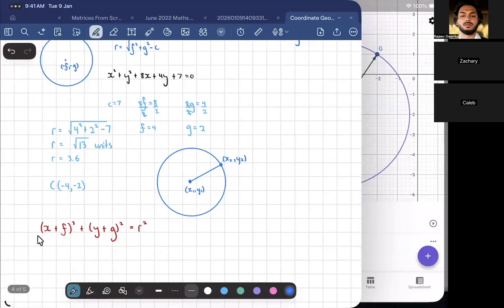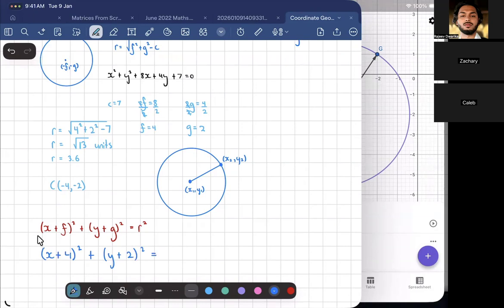Okay, so Caleb, I can actually write this entire thing as open bracket x plus f. Remind me, what is f? 4. Right? So (x plus 4) squared, and then what next? Plus (y plus 2) squared equals R squared.